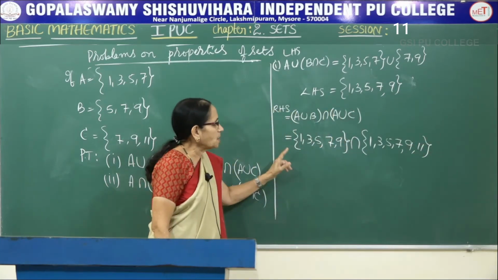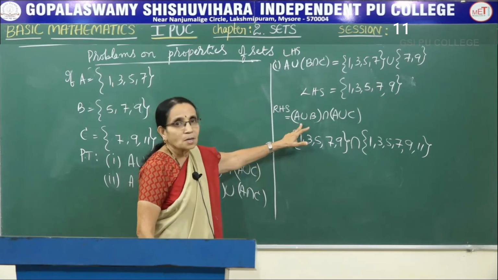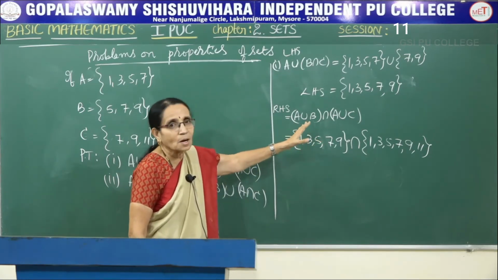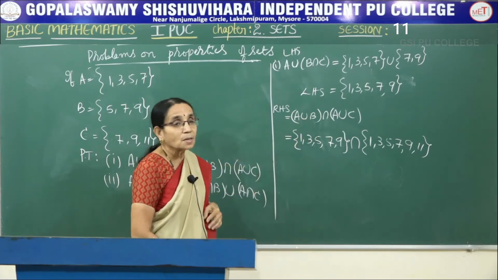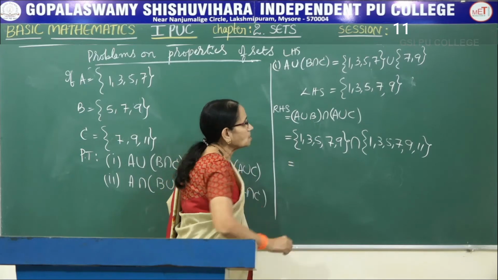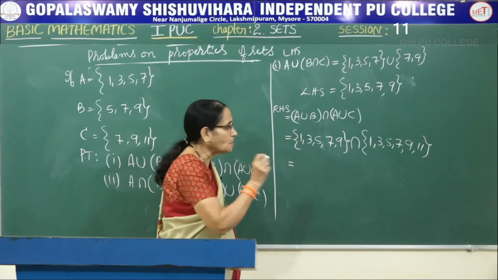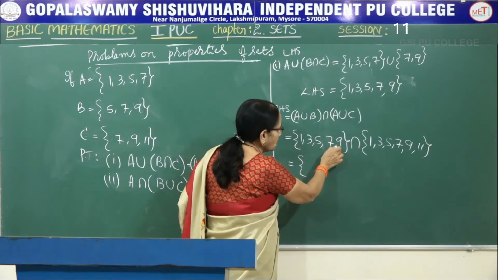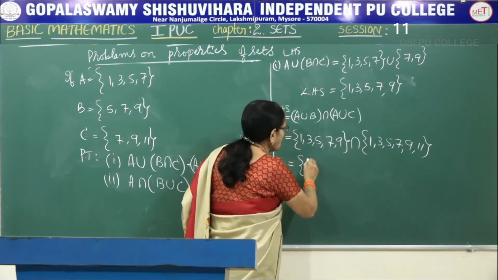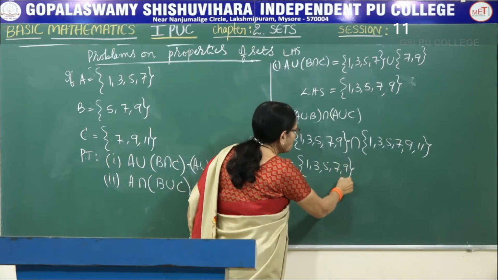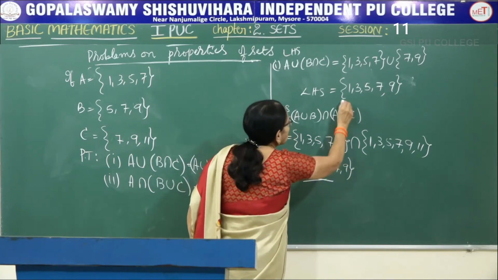So 1, 3, 5, 7, 9 is the union of A and B. 1, 3, 5, 7, 9, 11 is the union of A and C. We have to take the intersection of these two. Intersection means what elements should be taken? The common elements. What are the common elements? 1, 3, 5, 7, 9. All of them are present there. Therefore, the common elements become 1, 3, 5, 7, 9. And what do you observe here?